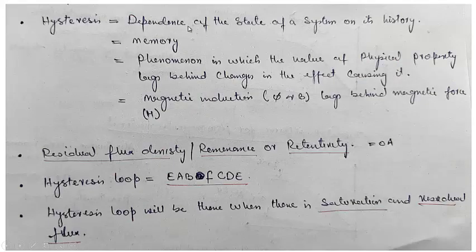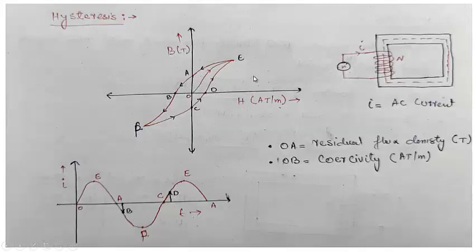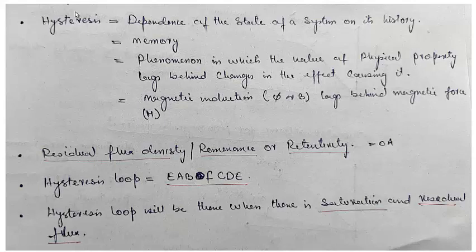So hysteresis is the dependency of the state of a system on its history. It remembers this value from the history, because at that point B is not 0 even though H is 0. It is remembering the previous value of H. We can say it is a memory. It is a phenomenon in which the value of a physical property lags behind the change in the effect causing it.